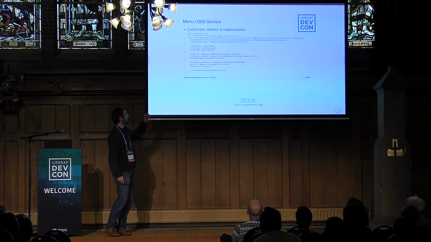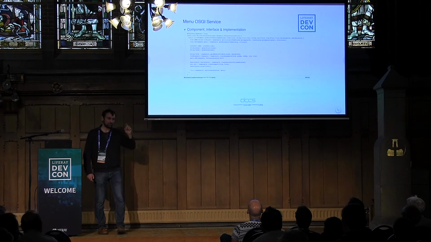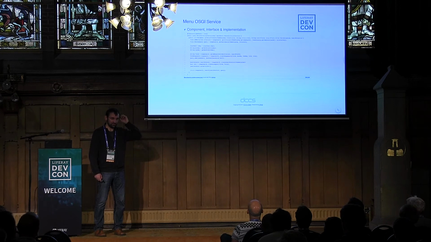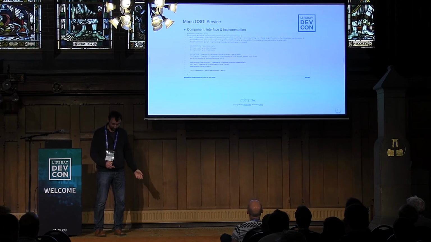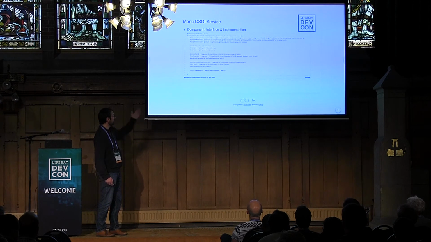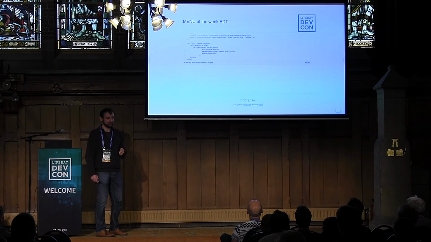And then we use the search engine. We create our own range search to search the menu of the week. So we say start of the week, end of the week, give us all items in that range. And Elasticsearch gives us that. Then, when we have fetched it, we call this interface from the ADT.